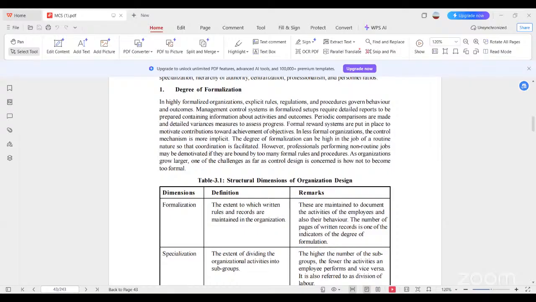Okay, so here each and every organization has its own structure. When I talk about the past scenario, there were some organizations that used to work in a very stable environment. They faced very little competition among them, and they mainly focused on efficiency.